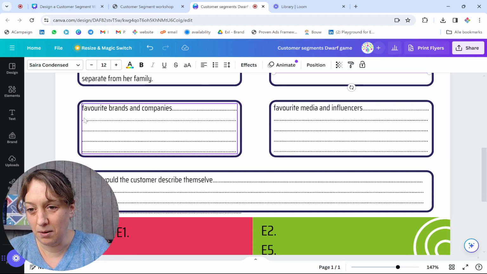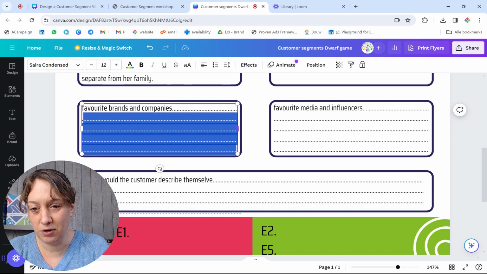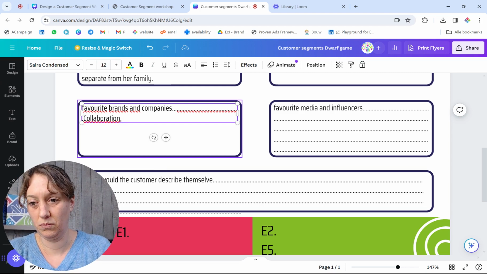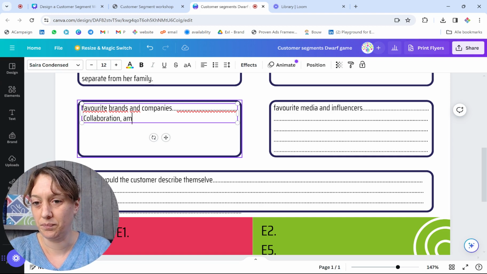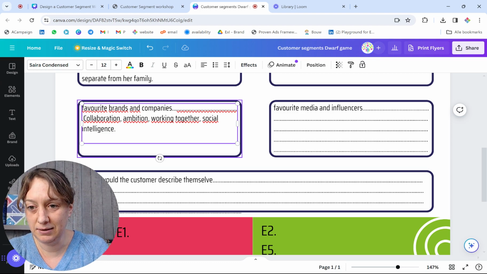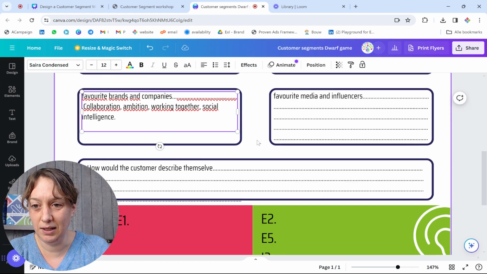Favorite brands and companies. So this is really about collaboration. And this is about, in a sense, ambition, but ambition of working together and social intelligence. An excellent brand from a game perspective would be Haba.